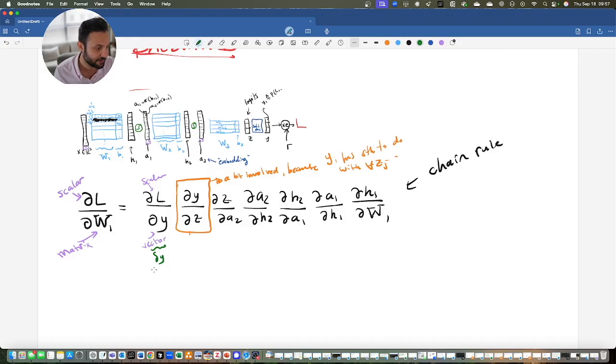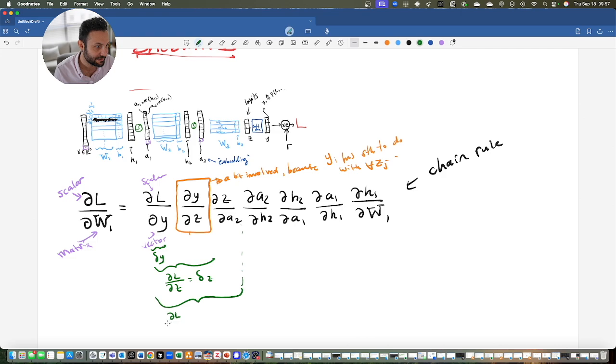And similarly, look at this thing. This is the error that's backpropagated to y to reduce the loss. And similarly, by the chain rule, this is nothing but dl over dz, which is the gradient of z, right?